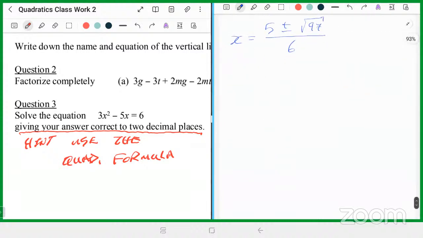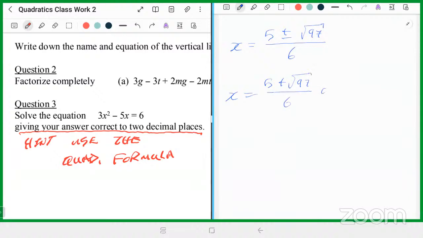So x equals 5 plus the square root of 97 all over 6, or x equals 5 minus the square root of 97 all over 6.